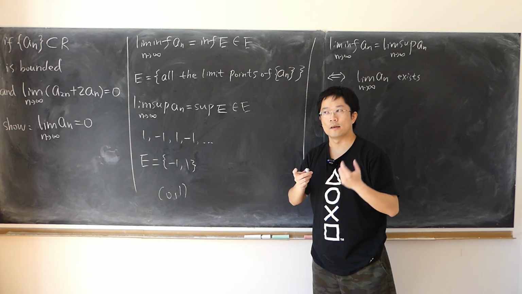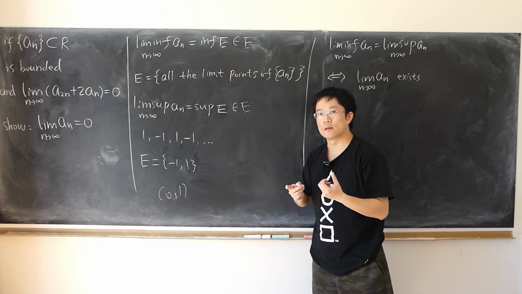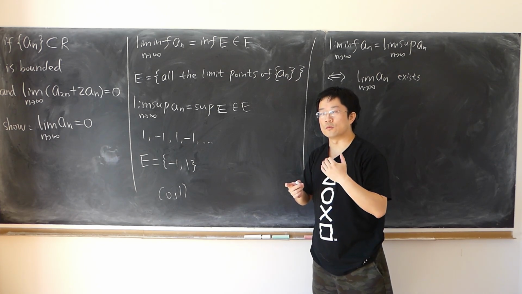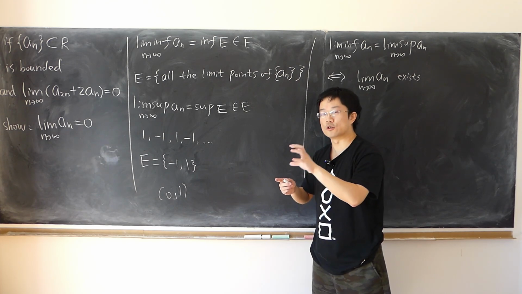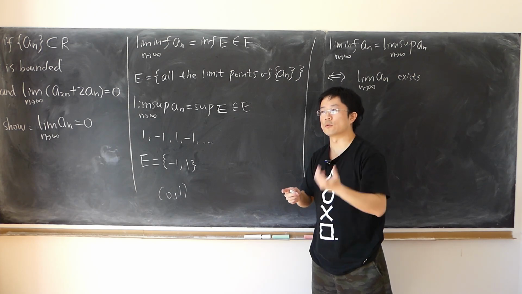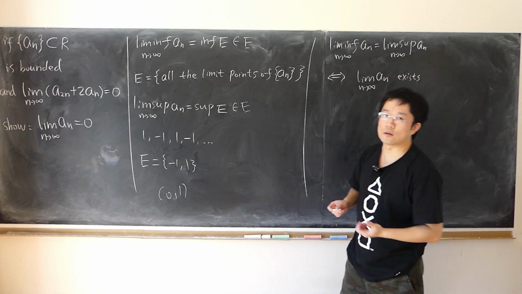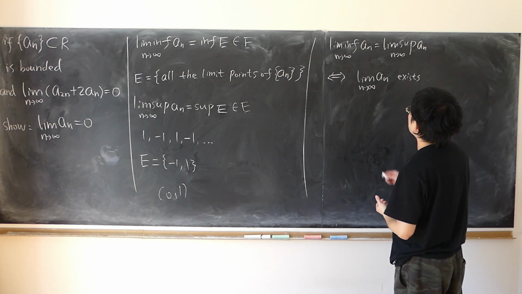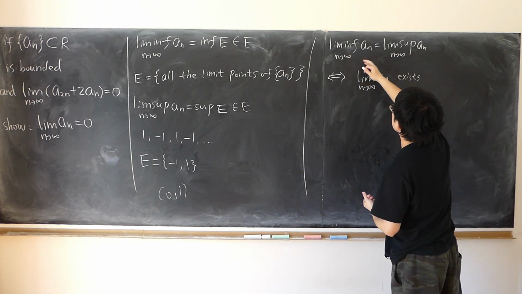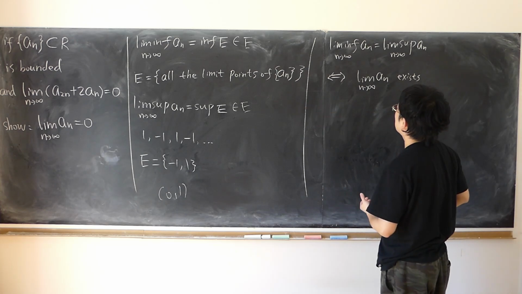So if you take all the convergent subsequences, they all converge to the same limit point. Which means the original sequence has to be convergent. Otherwise it cannot be true. So can I actually show this equation is true for this an?